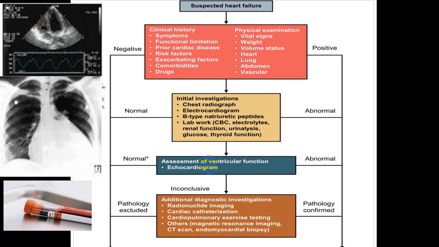It can also give you an idea regarding pericardial conditions, because pericardial conditions can mimic congestive heart failure, like constrictive pericarditis, restrictive pericarditis, or even a pericardial tamponade, which can mimic identically congestive heart failure. So echo gives a lot of answers.